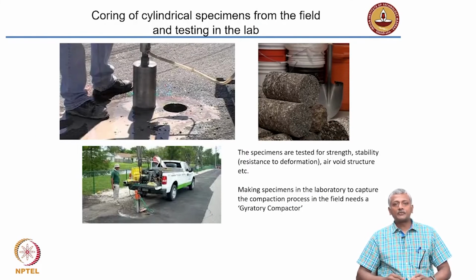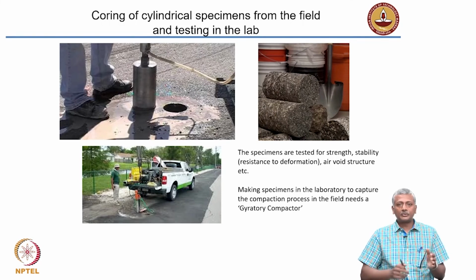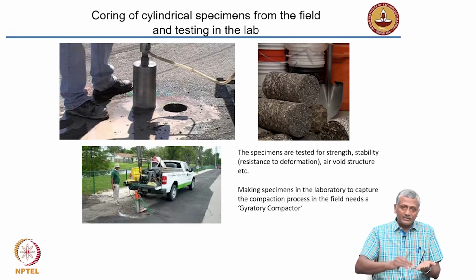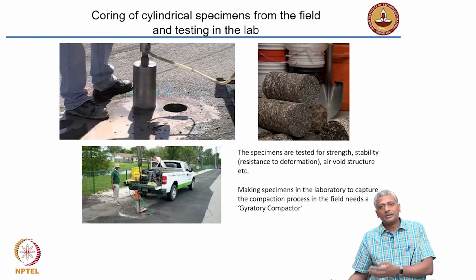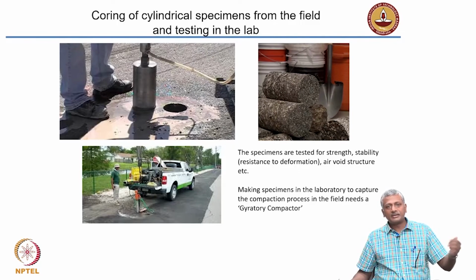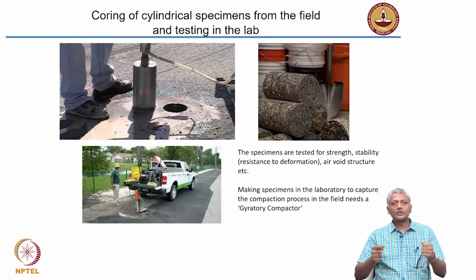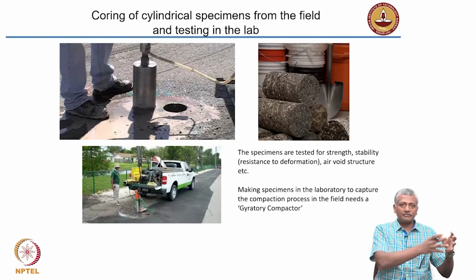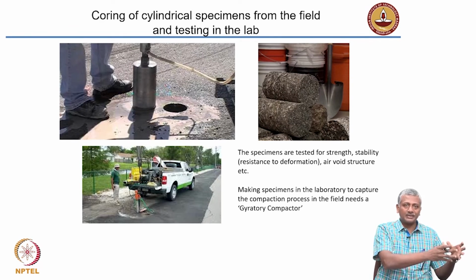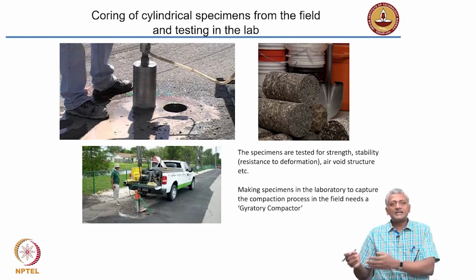Now, sometimes when asphalt concrete is functioning in the pavement, you can imagine that the kind of effort it takes to compact the asphalt concrete on the pavement is quite different from what can be done in the laboratory. In the actual field, you have a roller which is compacting the road surface. So, the degree of compaction that you achieve using the roller in real life is not easy to simulate in the lab.